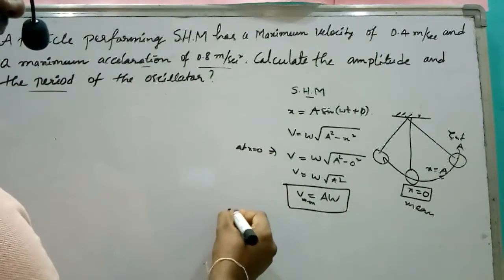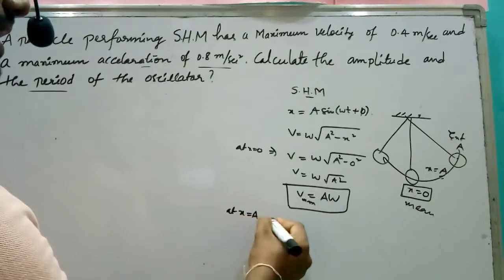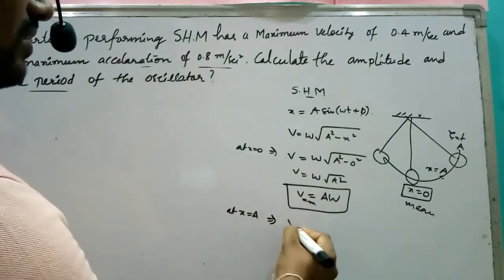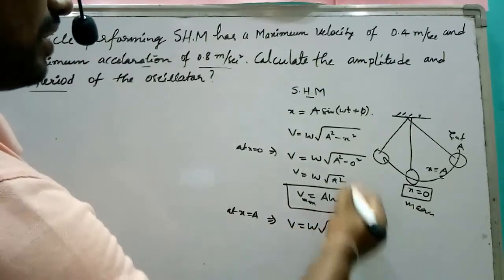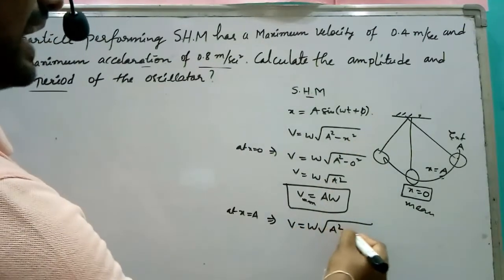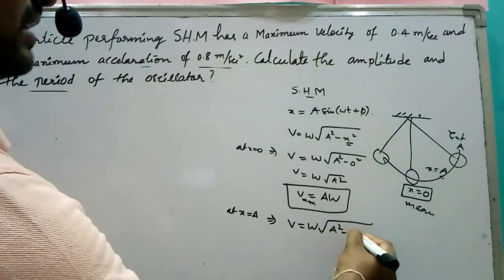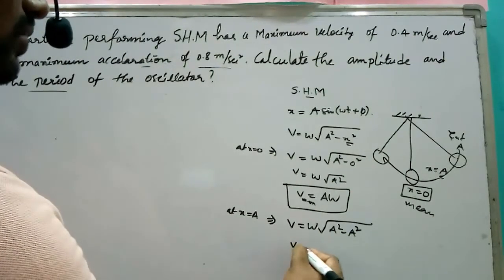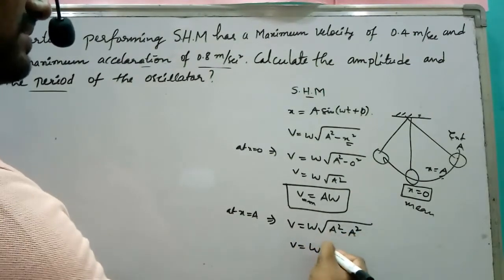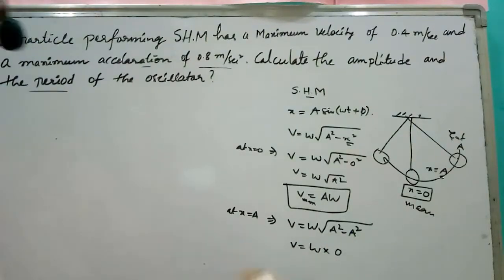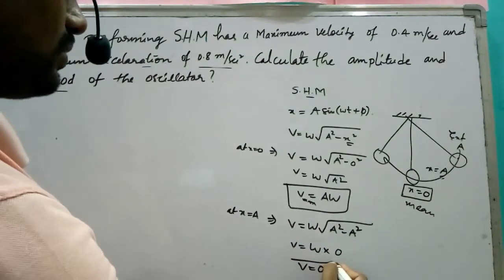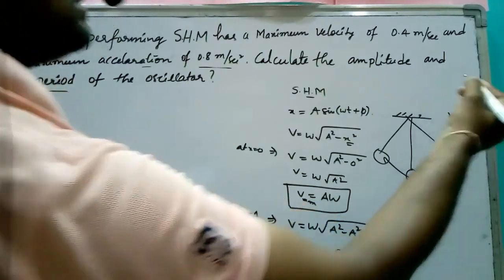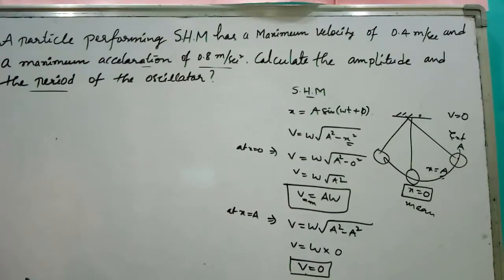That's why at x equal to a, we calculate the velocity. Substituting in v equal to omega into under root of a square minus x square, with x equal to a, v equal to omega into under root a square minus a square, which is 0. So the velocity should be 0. This is the minimum velocity. At this extreme position, the oscillator velocity is 0.